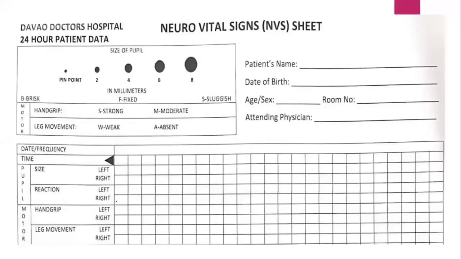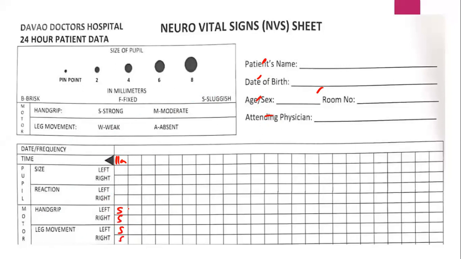Okay, so how do we write this? Again, write the headers. For example, we're still at 11. So hand grip, let's say strong. Both are strong. Then leg movement is also strong.